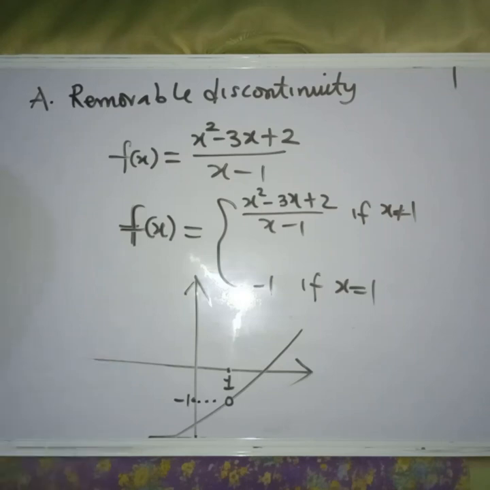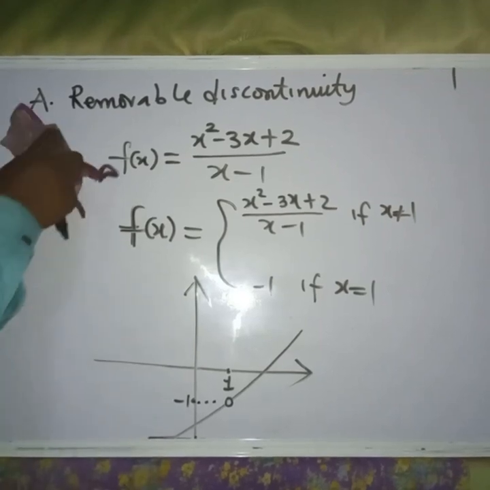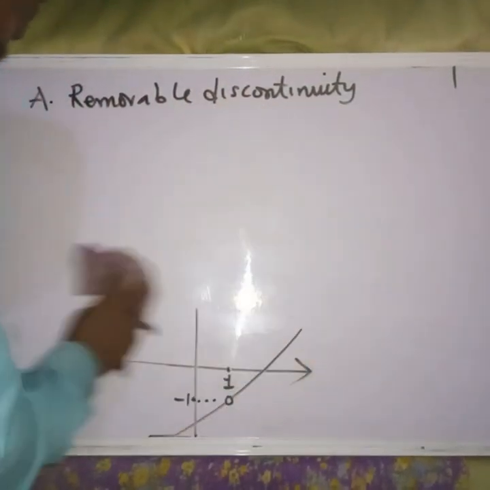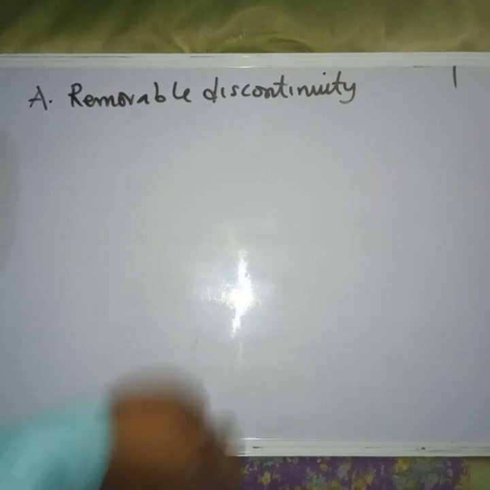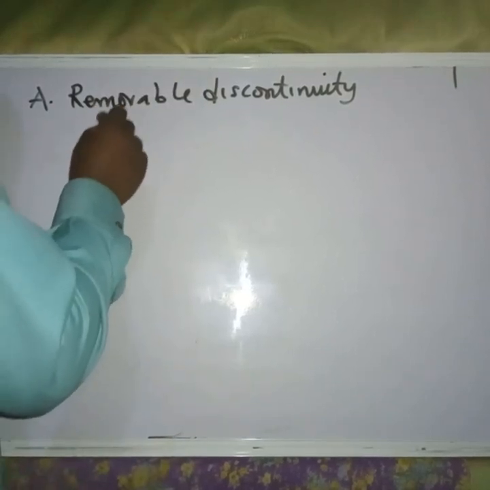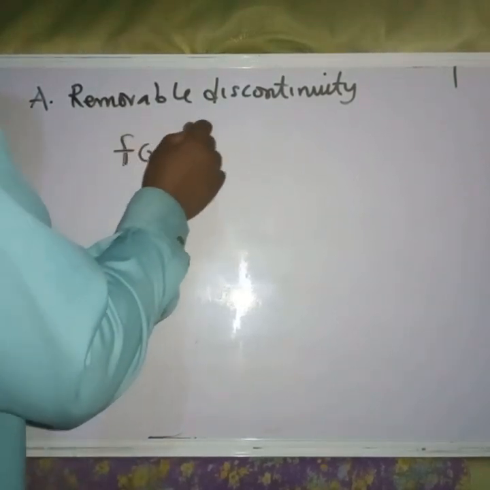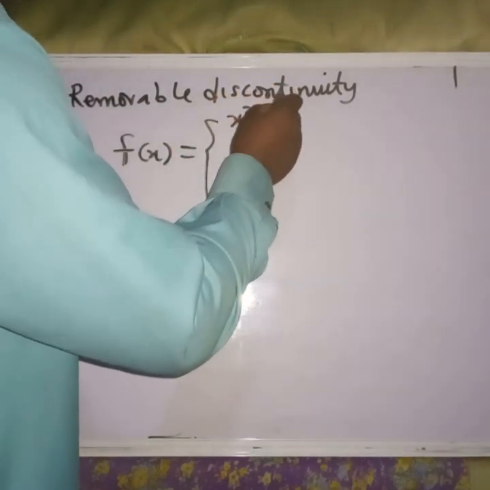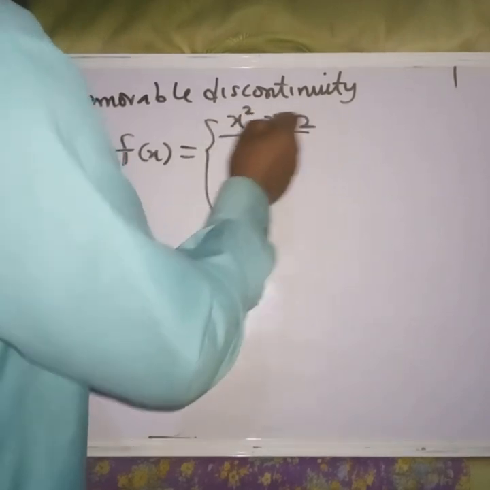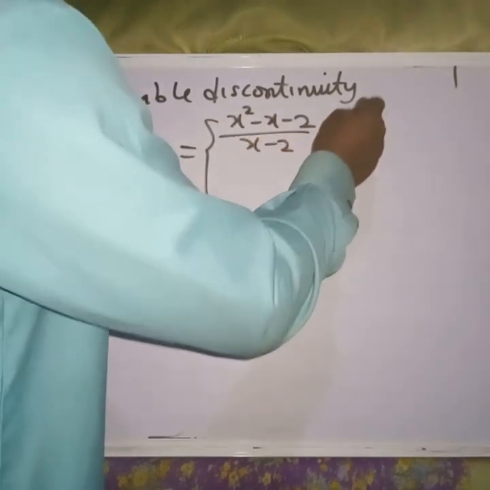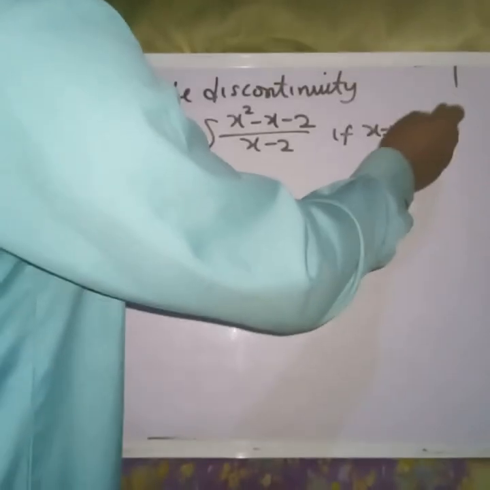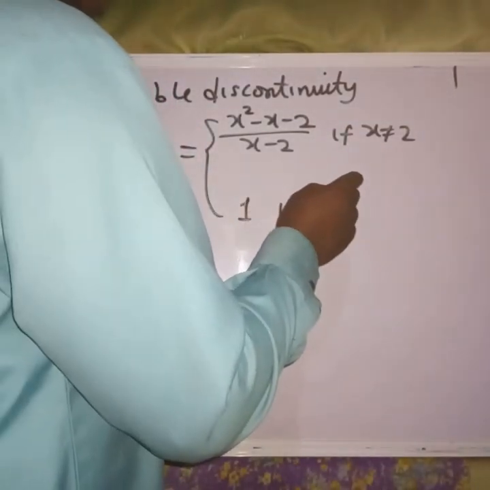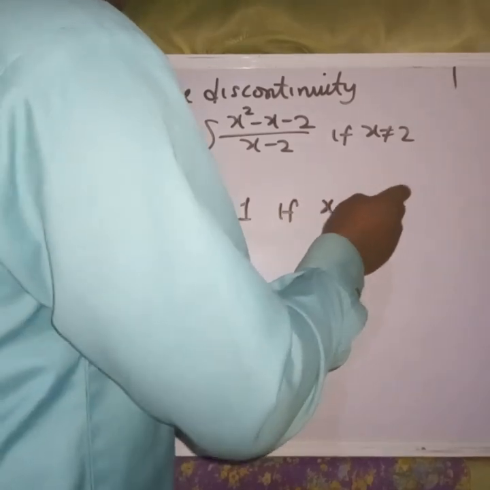Another example under removable discontinuity is the following function. Given f of x equal to x squared minus x minus 2 divided by x minus 2 if x is not equal to 2, and this function is given as 1 if x equals 2.